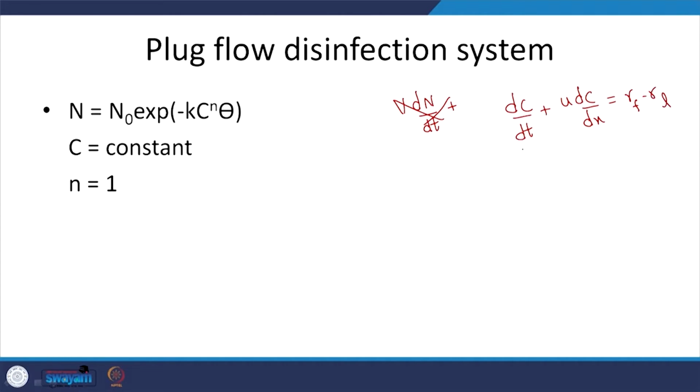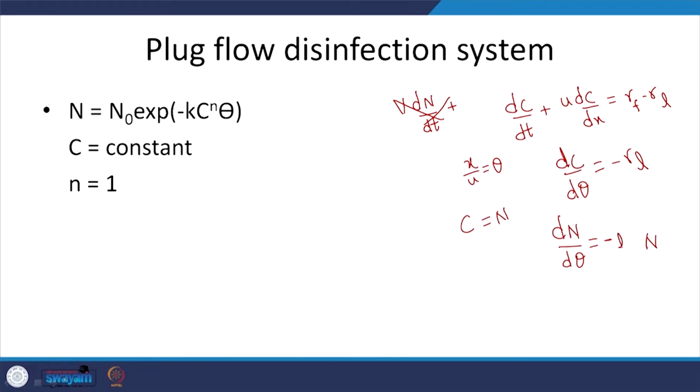So, I will end up with, at steady state, x by u equal to theta. So dC by d theta is equal to minus the rate of loss, and I know the rate of loss. C is N, the microorganism concentration, so dN by d theta is equal to minus RL, which is equal to K times the microorganism concentration.